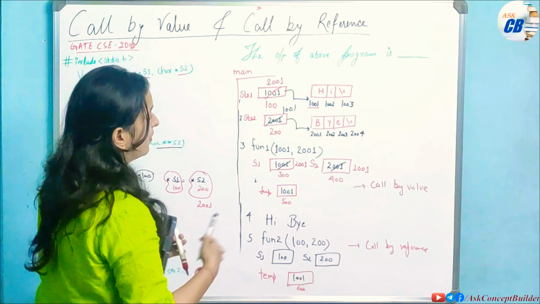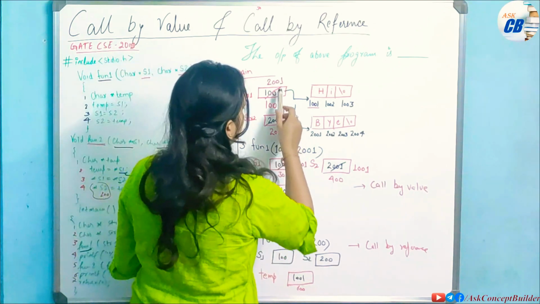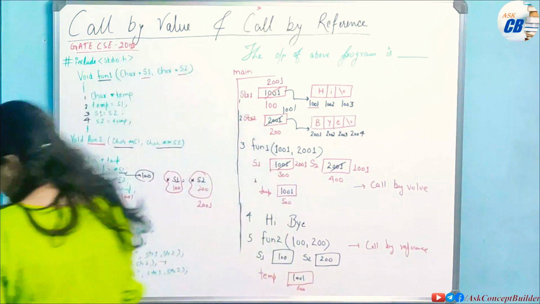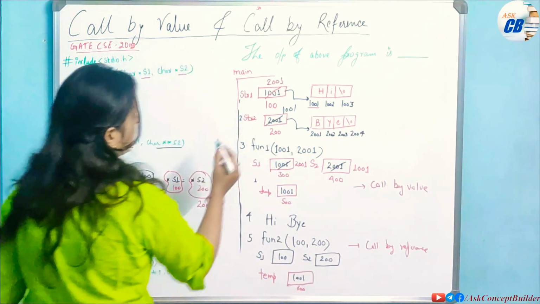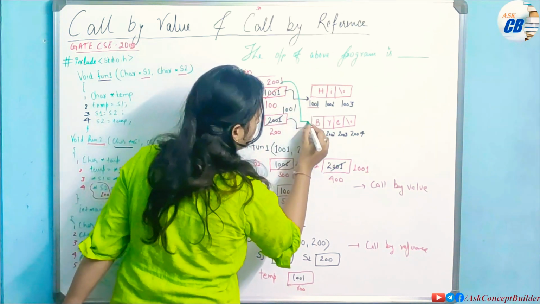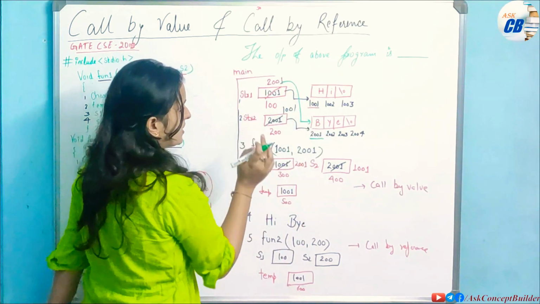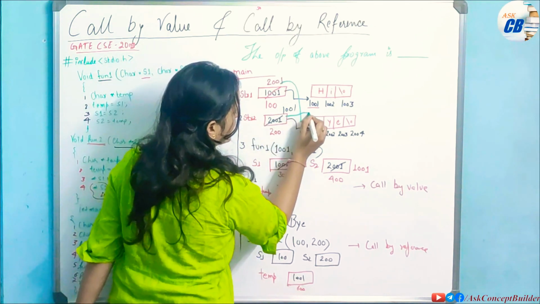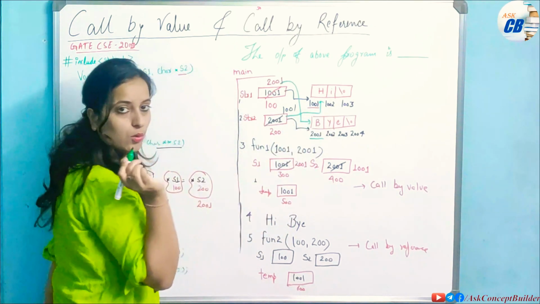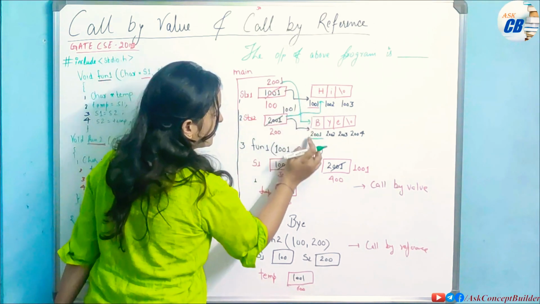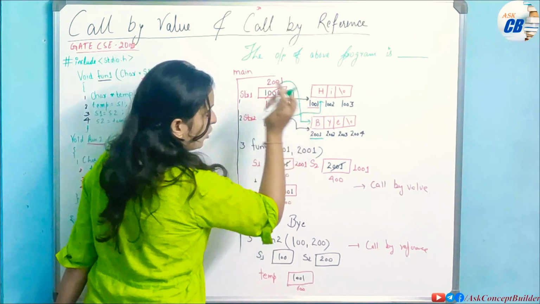Now str1 is storing 2001, so it is now pointing to this one. And str2 is storing 1001, so str2 is pointing to this now, because these addresses are changed here.